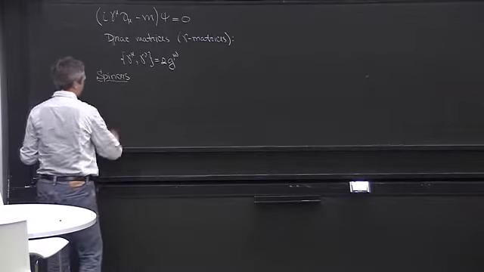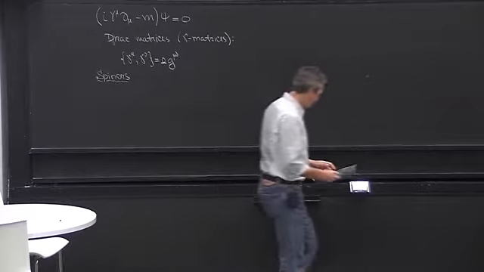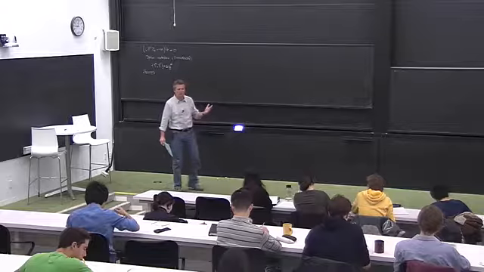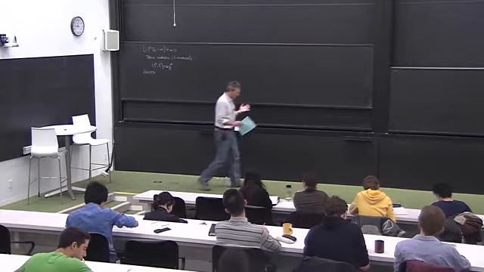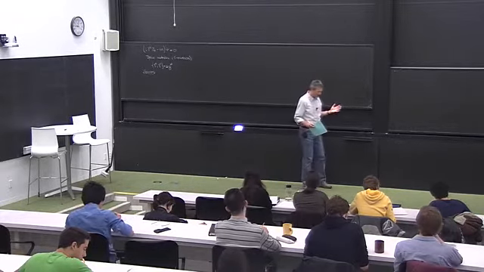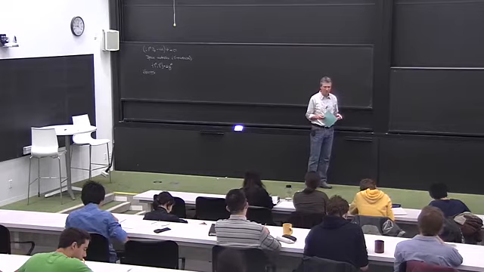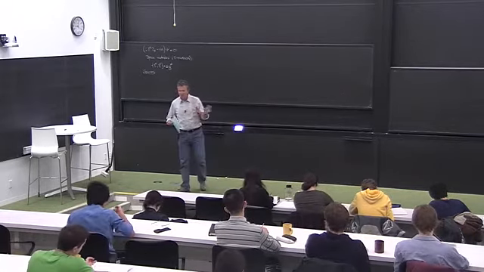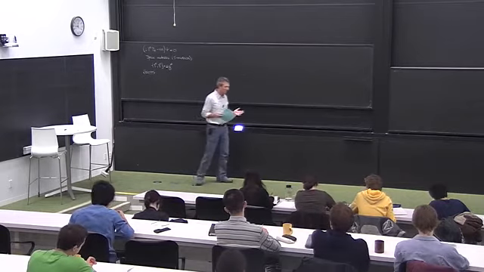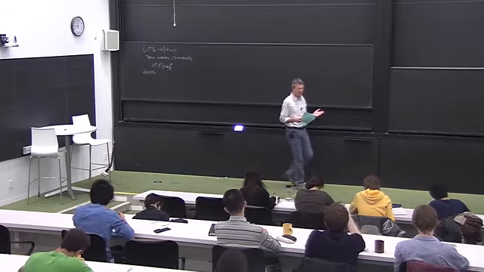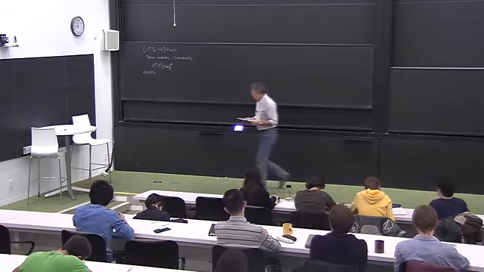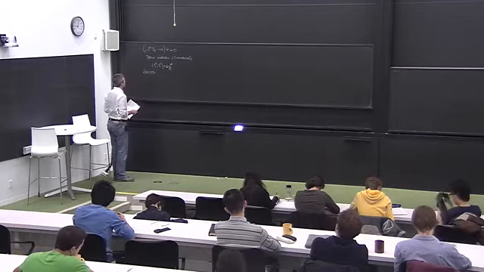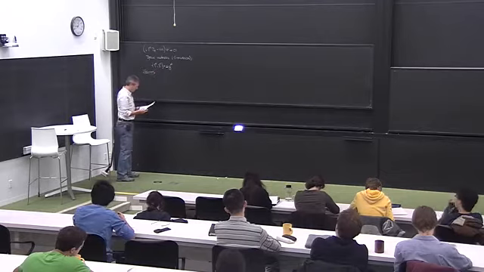So spinors, as vectors, are characterized by the way they transform under Lorentz transformations. So first of all, a spinor is a column with 4 components. However, you shouldn't confuse it with a vector, which you can also think of as a column with 4 components. So the psi has 4 indices on which gamma matrices act.